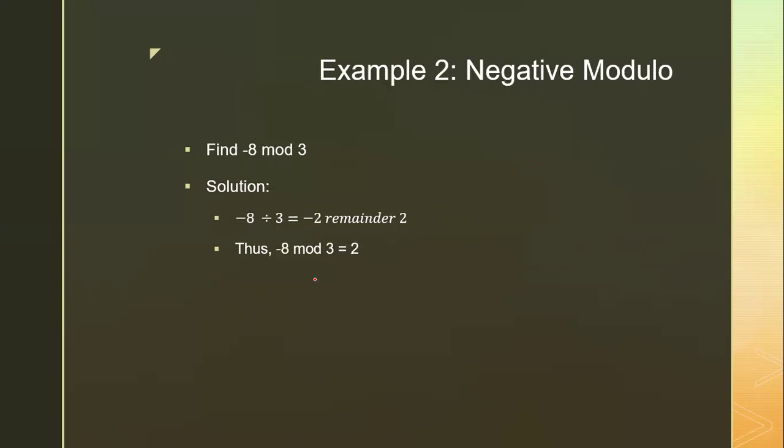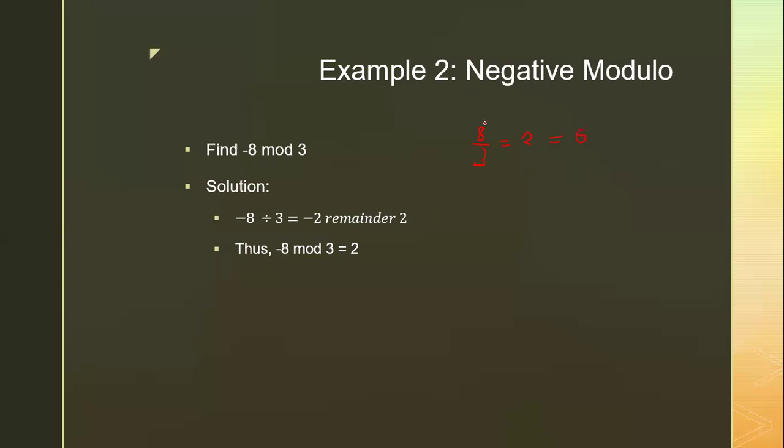Let's try another one. Negative modulo, right? Find negative 8 mod 3. It's the same concept here, where we say negative 8 divided by 3 is essentially negative 2. Because if we remove the negative sign, 8 divided by 3 is practically 2, because 3 times 2 gives us 6.